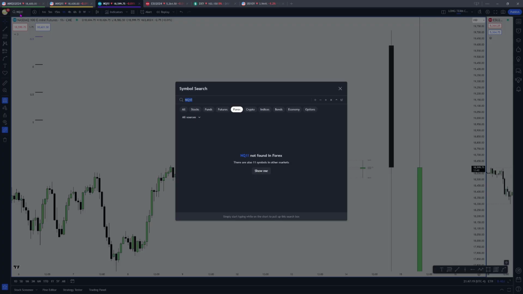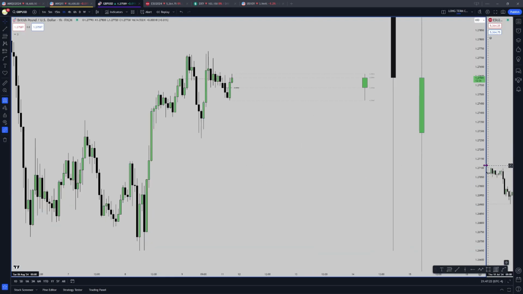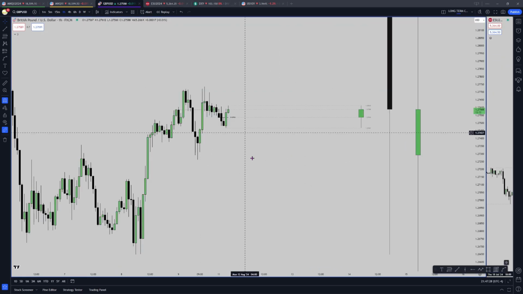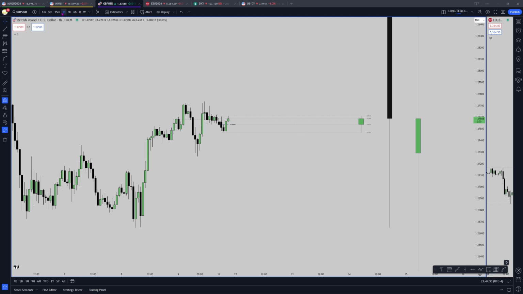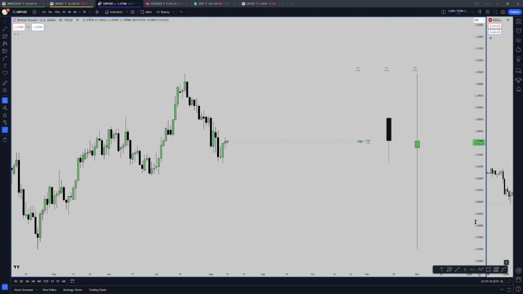GBP USD. Oh, I actually have the dollar up here too. I'm guessing the dollar inverse is this.